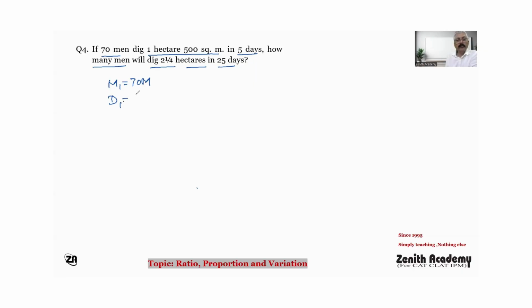D1 is 5 days. W1 is 1 hectare, 500 square meter. So 1 hectare is equal to 10,000 square meter plus 500 square meter. You will take 10,500 square meter.